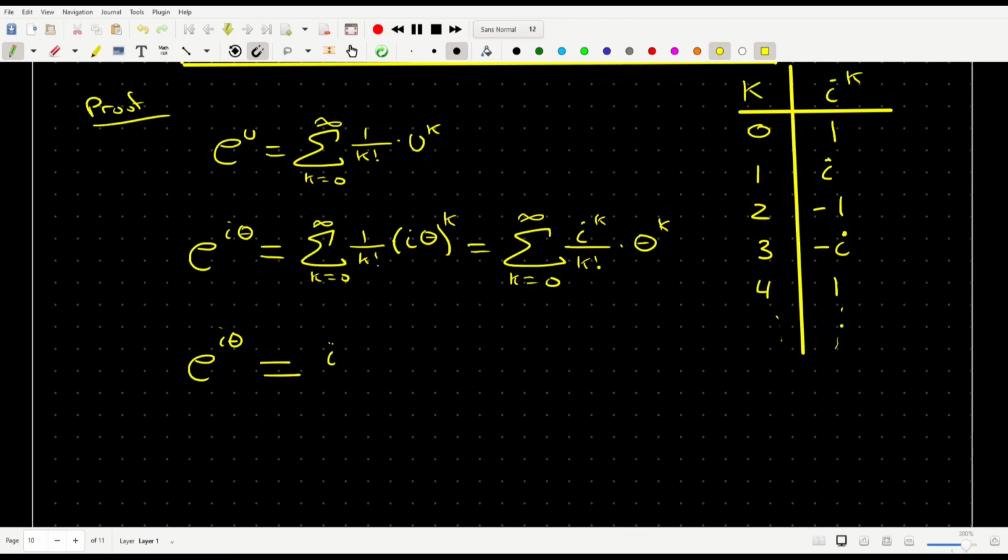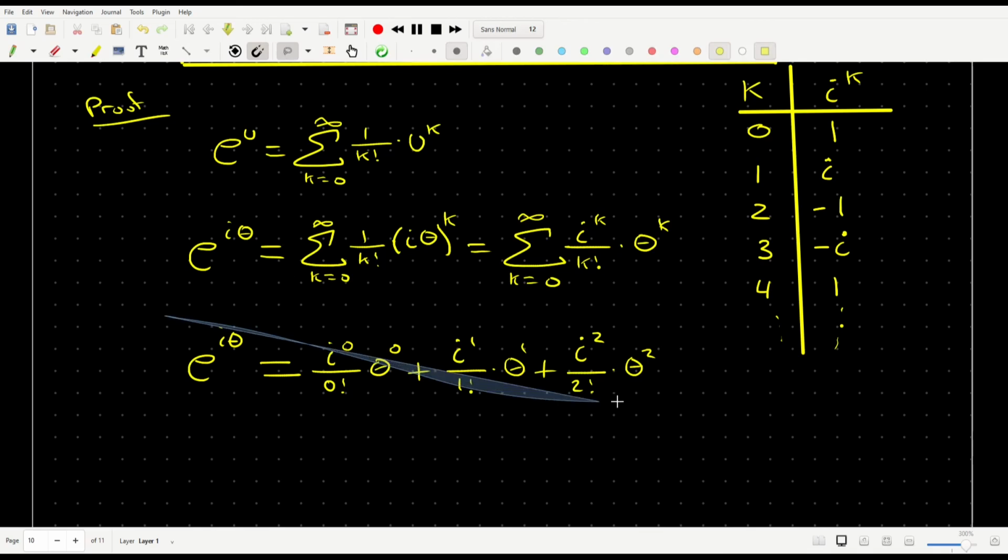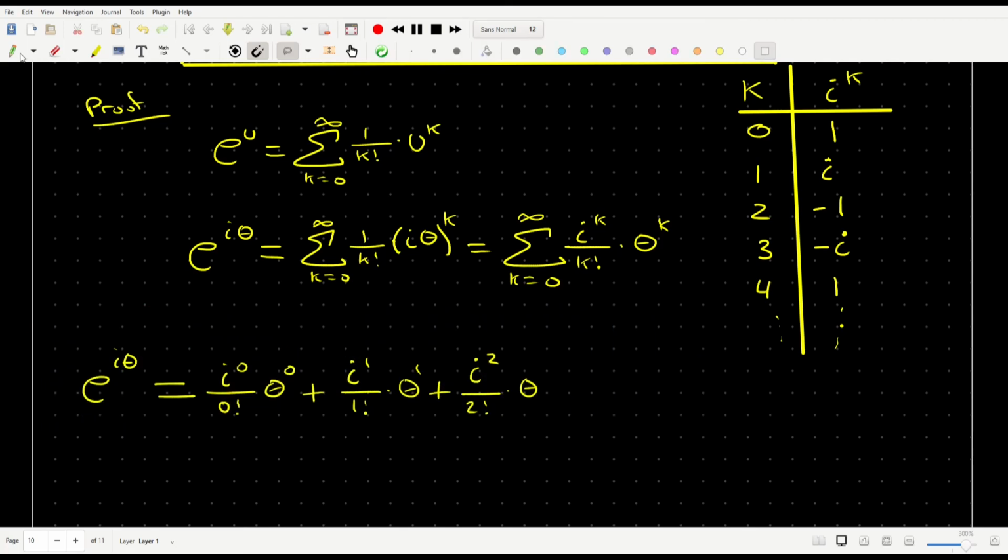This is going to be i to the 0 over 0 factorial times theta to the 0, plus i to the 1 over 1 factorial times theta to the 1, plus i squared over 2 factorial times theta squared, plus i cubed over 3 factorial times theta cubed, plus i to the 4th over 4 factorial times theta to the 4th, and so on and so forth.